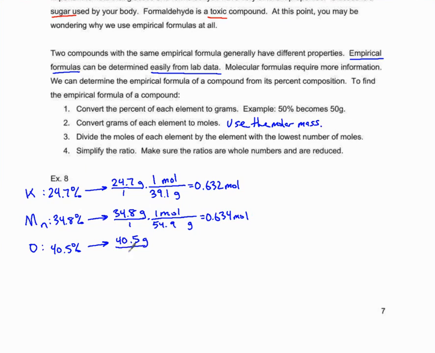For the oxygen, you might be at a point where you don't even have to look this up. 16.0 grams per mole. And we find it is 2.53 moles.